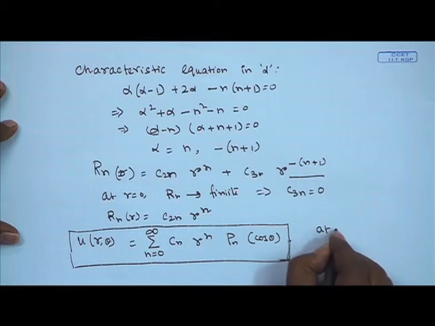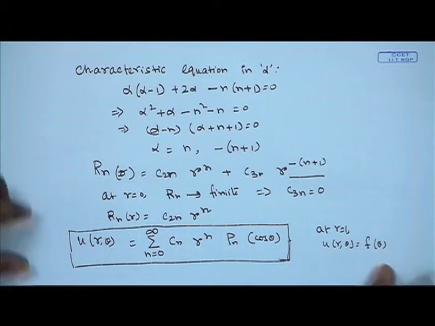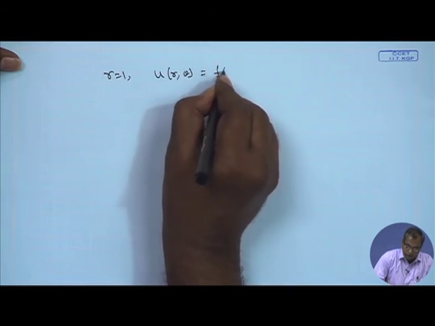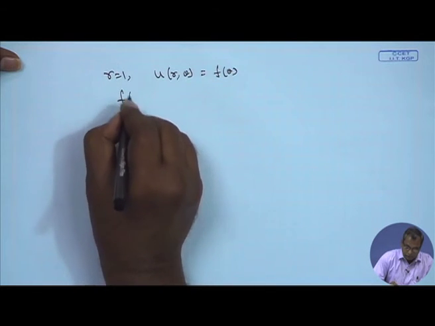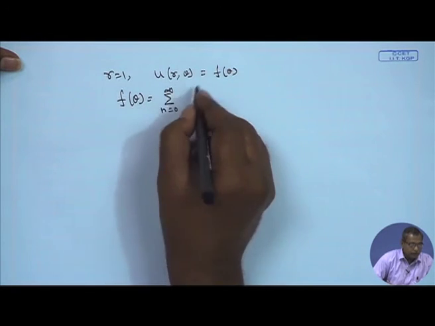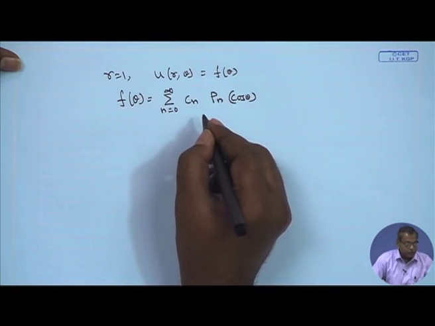So we have the unutilized boundary condition at r is equal to 1, u of r theta is given as f of theta. So from this boundary condition, evaluating at r is equal to 1, u of r theta is nothing but f of theta, and f of theta will therefore be the summation of n equal to 0 to infinity C n P n cos theta.